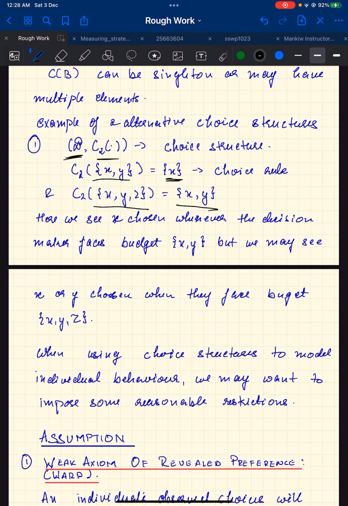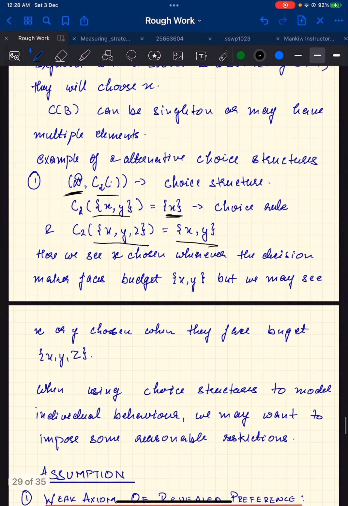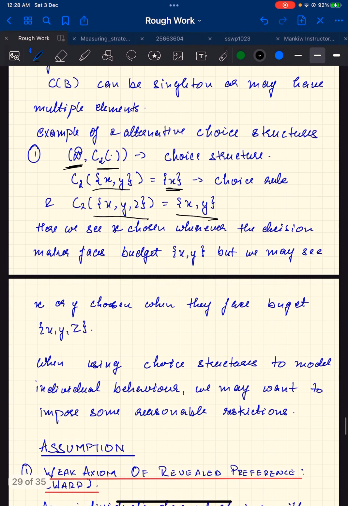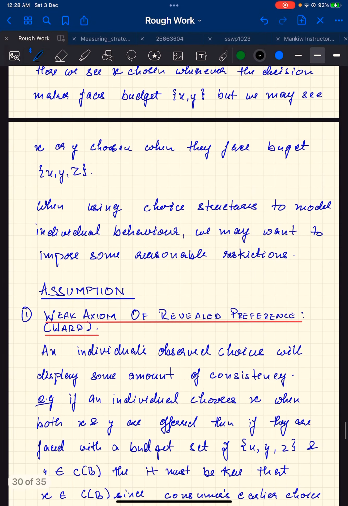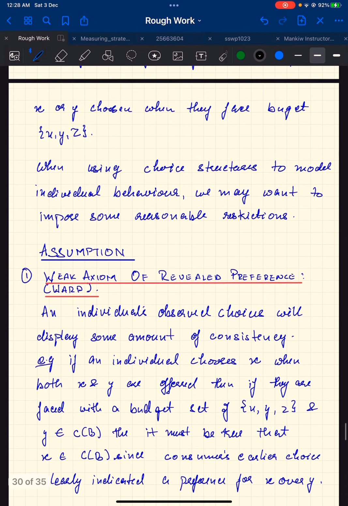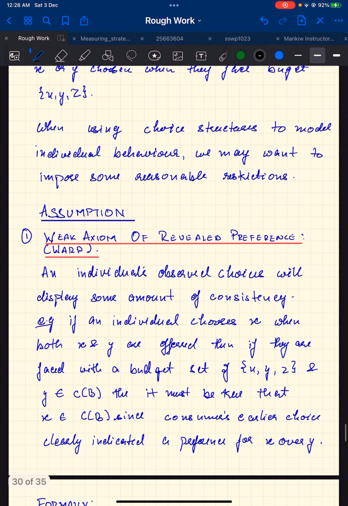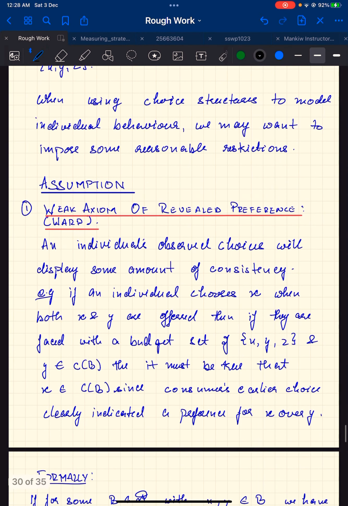So while studying choice rules and choice structure, there are certain rationality assumptions that we might want to impose. And this is where the weak axiom of revealed preference comes into the picture. What the weak axiom of revealed preference essentially says is that an individual's observed choices will display some amount of consistency.